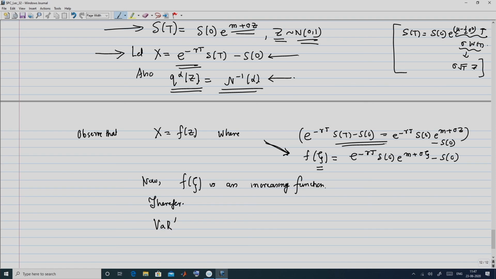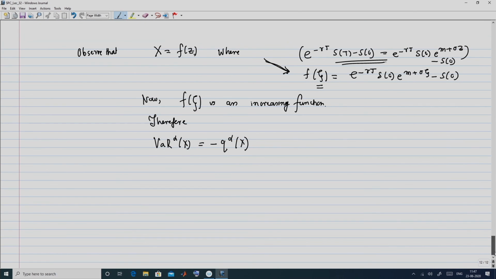We get VaR alpha of X. What is this going to be? This is by definition minus q alpha of X, the minus of upper quantile of X. What is X? X is f of Z. So, this is minus q alpha f of Z, but f is an increasing function. So, I can interchange the quantile q and f. So, this becomes minus f of q alpha of Z.